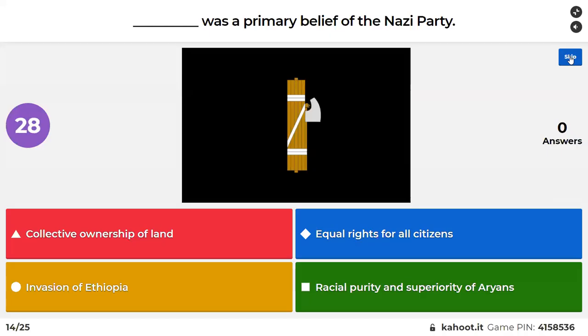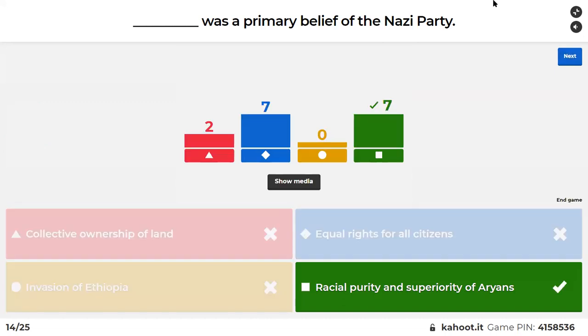Blank was a primary belief of the Nazi Party. Okay, so a couple of things on this one, and we had gone over this.